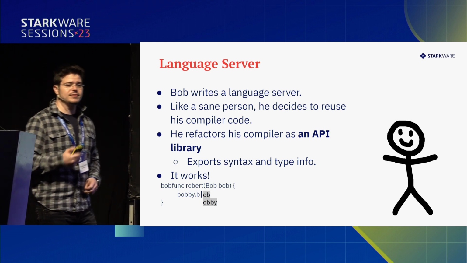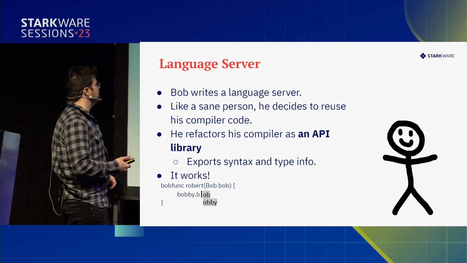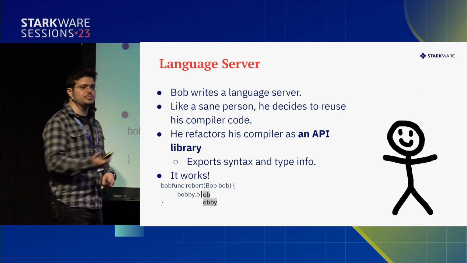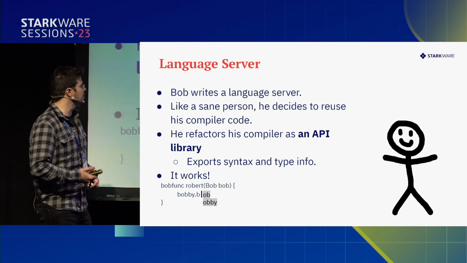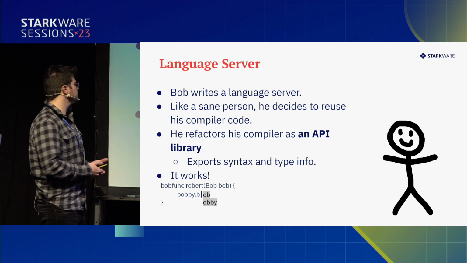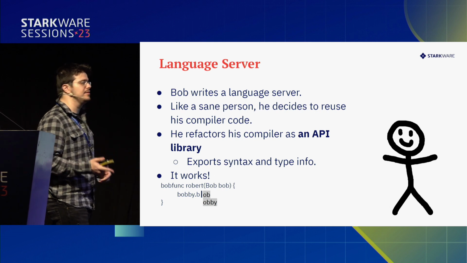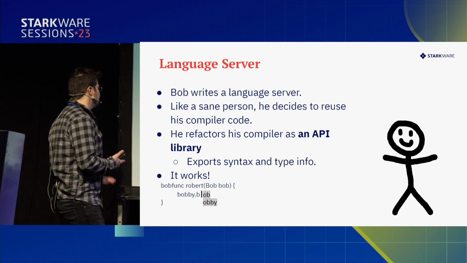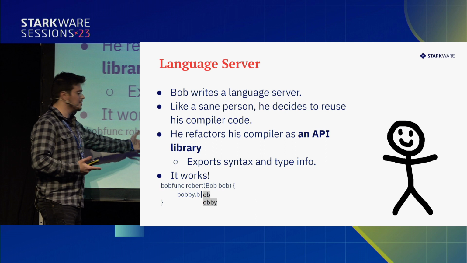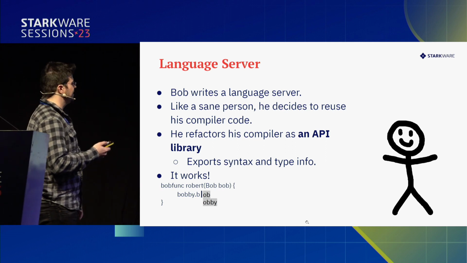His compiler is now no longer a single program. Instead, it's an API library that exposes all kinds of APIs regarding syntax and type info for his program. All right, he did it, and it works. He can get all kinds of nice completions for his Bobby object, and he was happy.